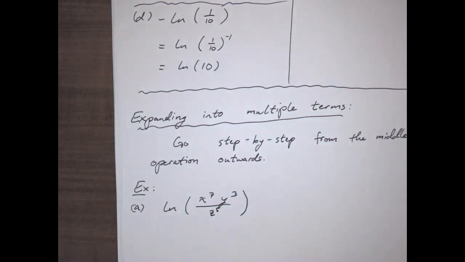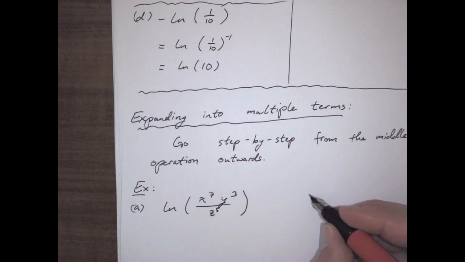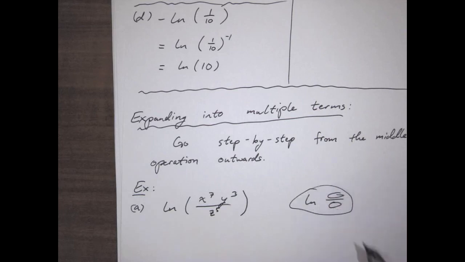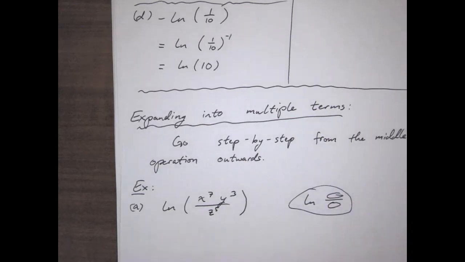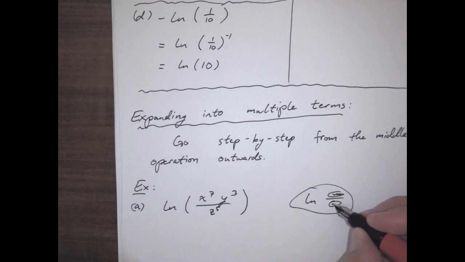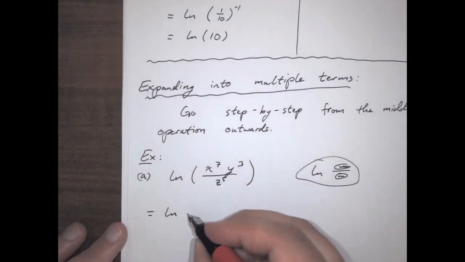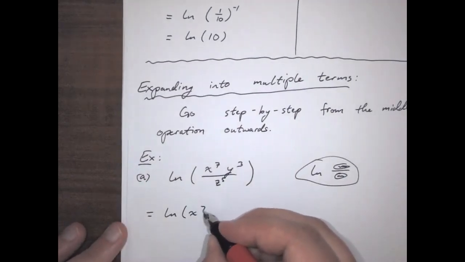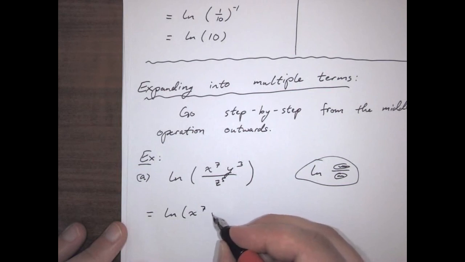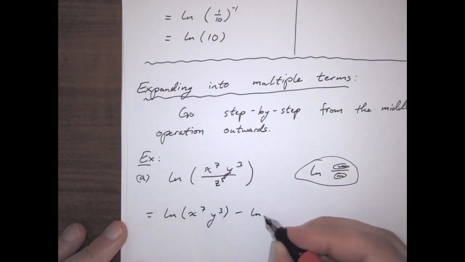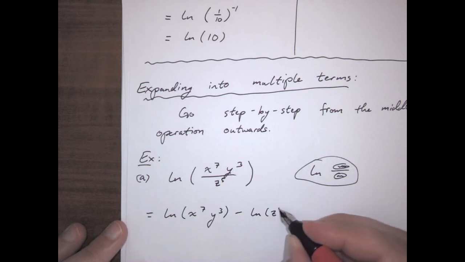Well, first and foremost, this is equal to the ln of something divided by something. That's what is fundamentally going on here. So we are going to first break it up there. So natural log of x to the 7th, y to the 3rd, minus the natural log of z to the 5th.